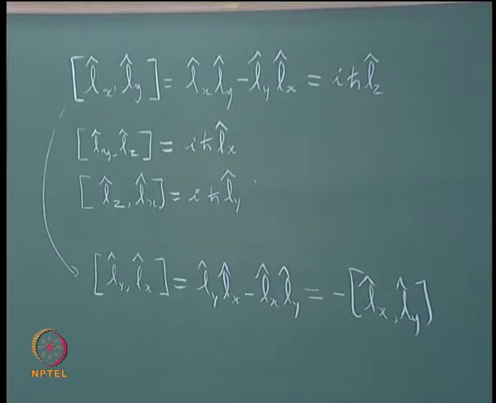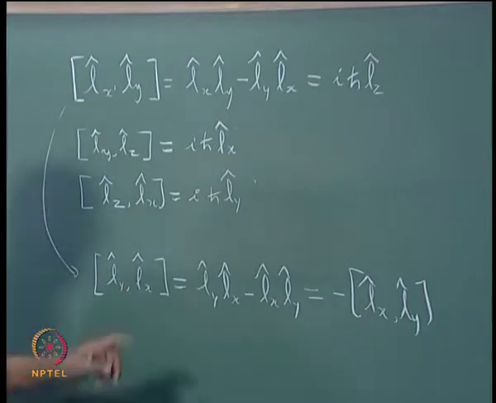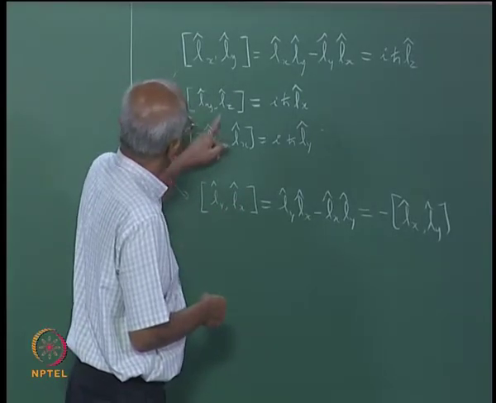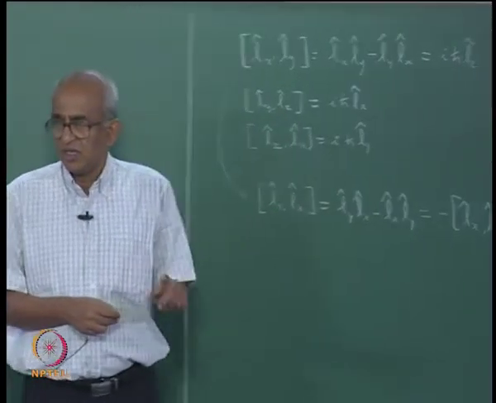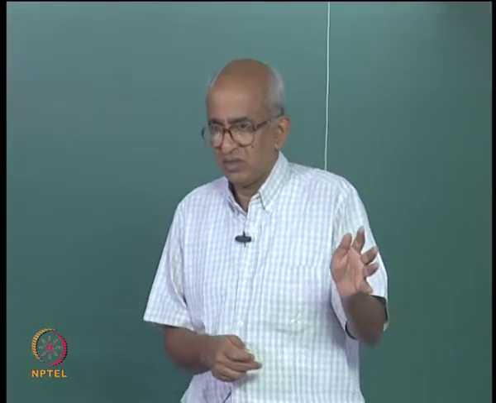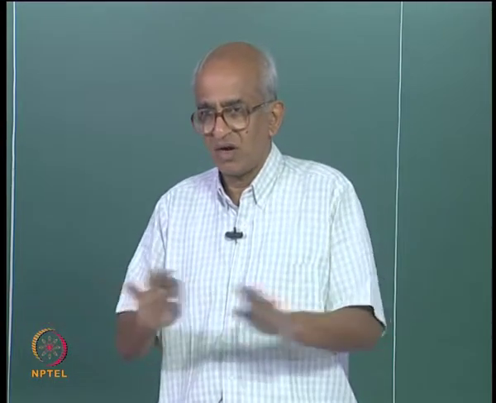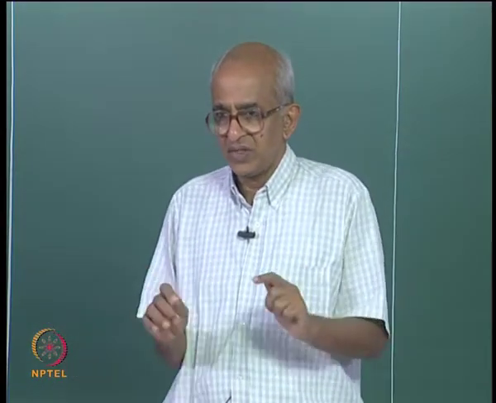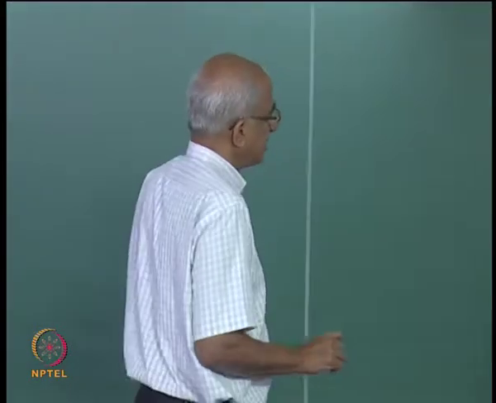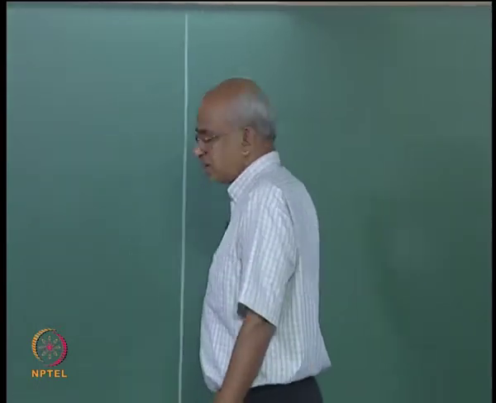So, we find that Lx does not commute with Ly, neither does Ly commute with Lz, Lz does not commute with Lx, right. It is as if they do not like each other, I mean they do not commute with each other, none of them. But interestingly what happens is that L square, what is L square?